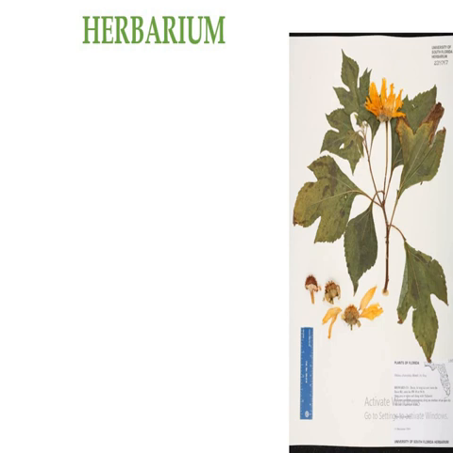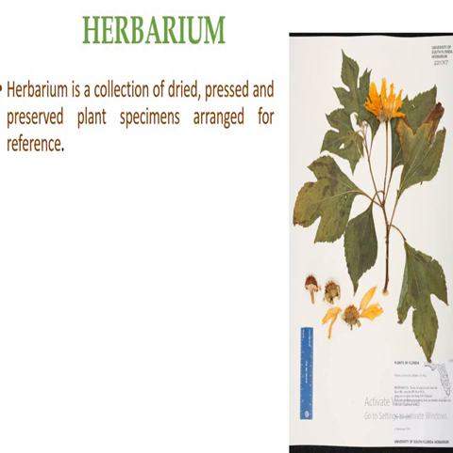On our right hand side here, we have a typical herbarium specimen for the Tithonia diversifolia species. Now, usually a herbarium specimen can either be pressed and mounted onto a flat sheet, or it can be preserved in a vial with a preservation fluid.